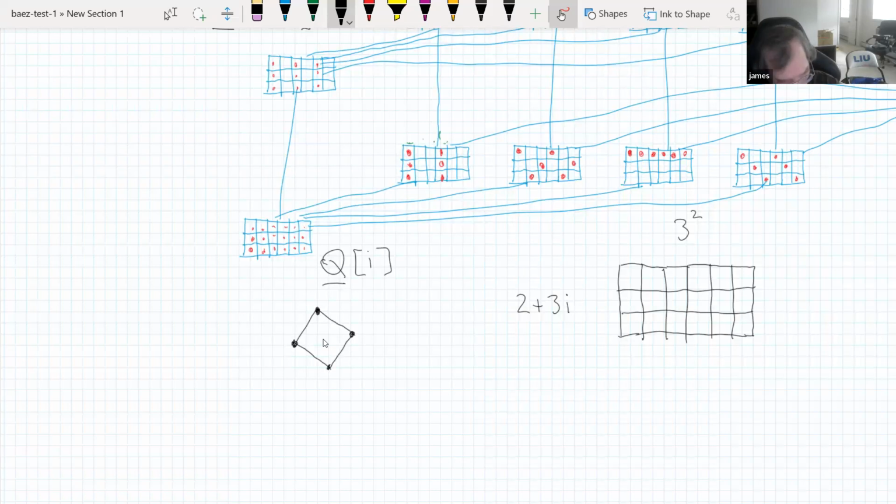So the 4-element kernel is going to be right in there. That's the four invertible Gaussian integers: 1, i, -1, and -i.